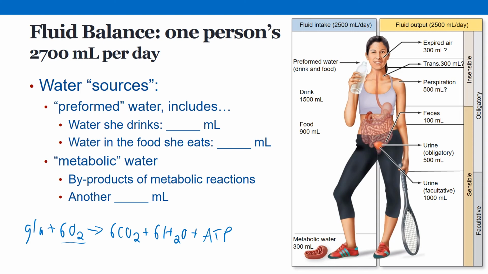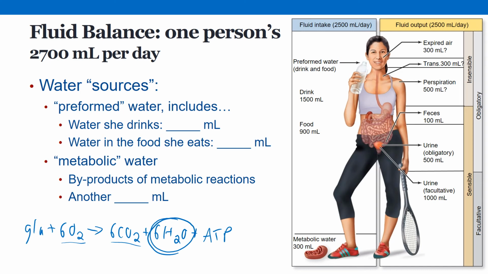It comes in through your lungs, rides around your body on hemoglobin. And we've talked about what happens to the CO2. It gets converted to carbonic acid, rides around your blood, and then exits in the lungs. But we didn't talk about what happens to that 6 molecules of H2O. Well, your body keeps it, and that becomes what we call metabolic water.